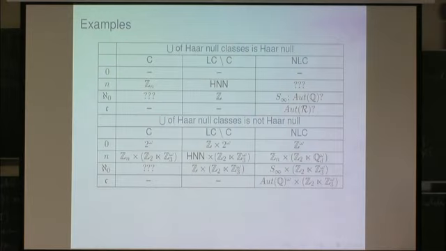And also it is our observation that if you have an example in the upper part, then you can turn it to an example in the lower part of the table by multiplying the group with this semi-direct product.